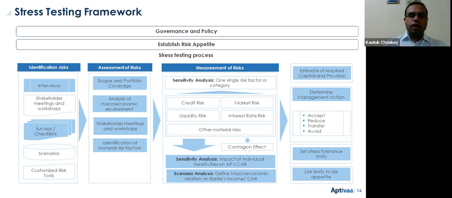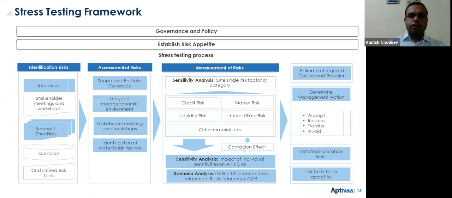So basically, this not only impacts the bank's own vision or forecasting process, but also raises the alarms early enough so that banks can take corrective and remedial actions.